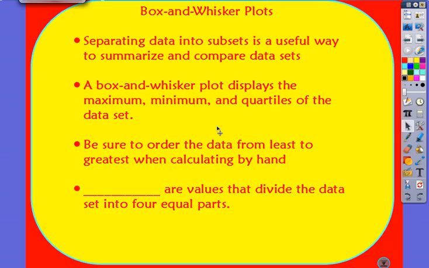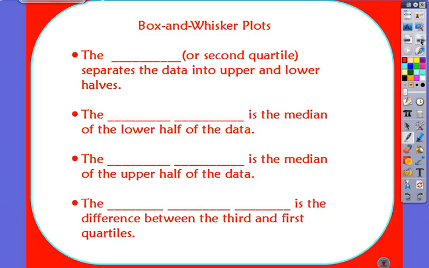Quartiles are values that divide the data set into 4 equal parts. The parts of a box and whisker plot include the following.